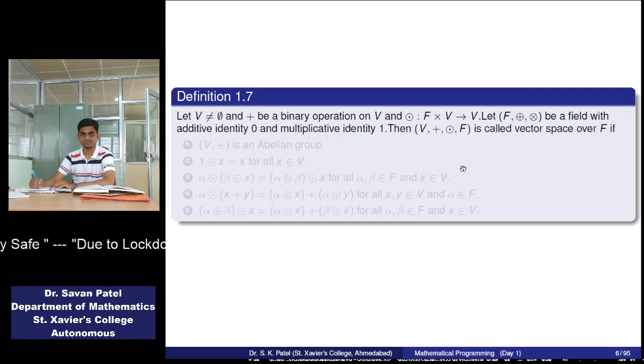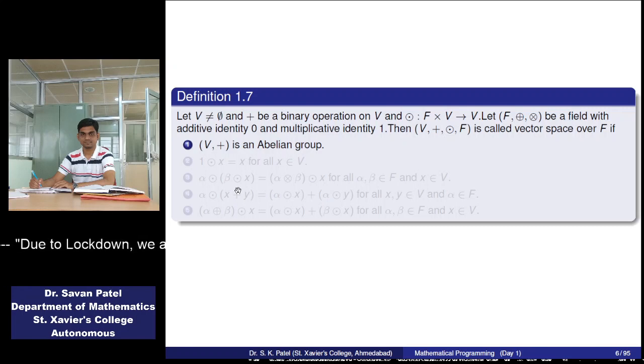Then V, plus, dot, and this field, this pair is called a vector space over F if the following conditions are satisfied.